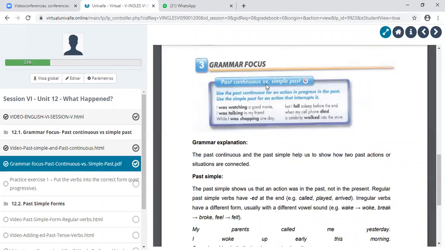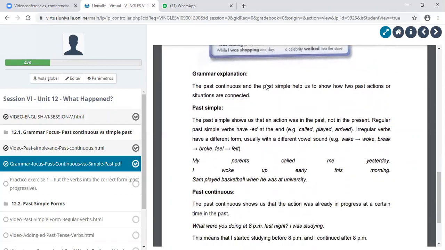Number 3, while I was shopping one day, a celebrity walked into the store.